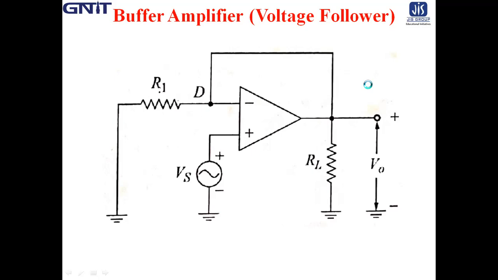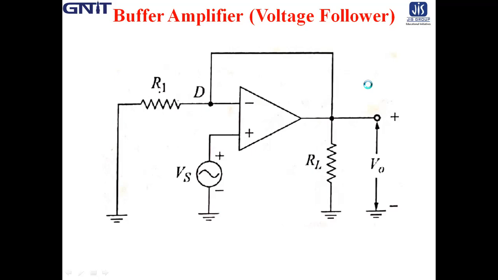And for the case of the non-inverting amplifier, the gain is 1 plus Rf by R1. So if we configure Rf as 0, then 1 plus Rf by R1, now Rf is 0, so the gain is unity, output is the same as input.